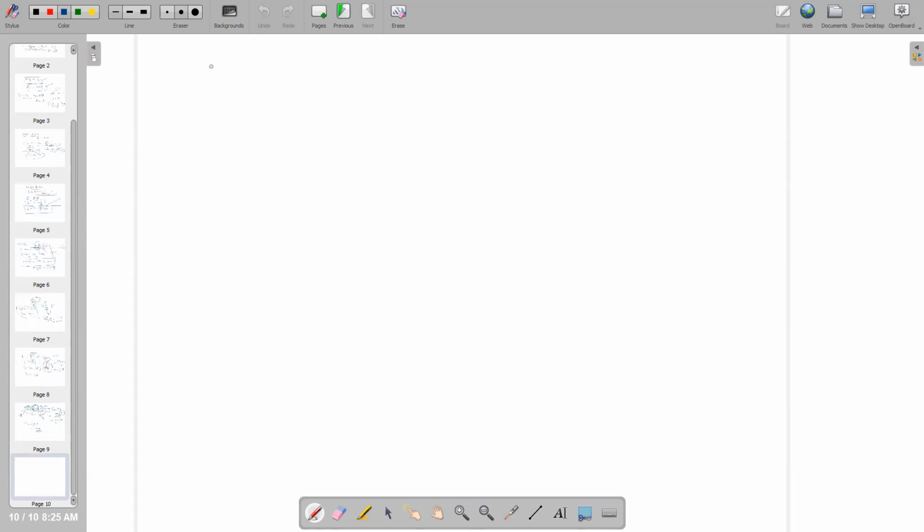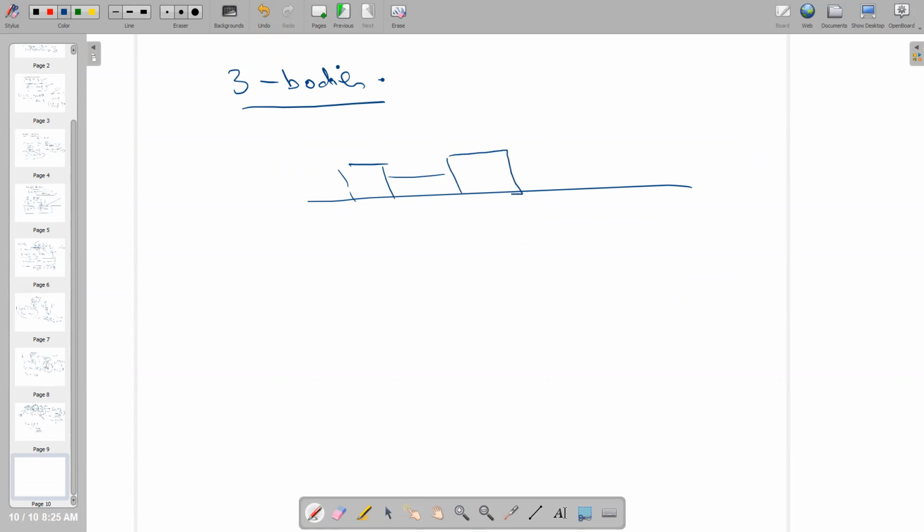Okay. After this situation, I am discussing the case of 3 bodies. This is the horizontal surface, 1st block, 2nd block, and the 3rd block, and F is given 36 Newton, and this is 2 kg, this is 3 kg, and this is 4 kg.